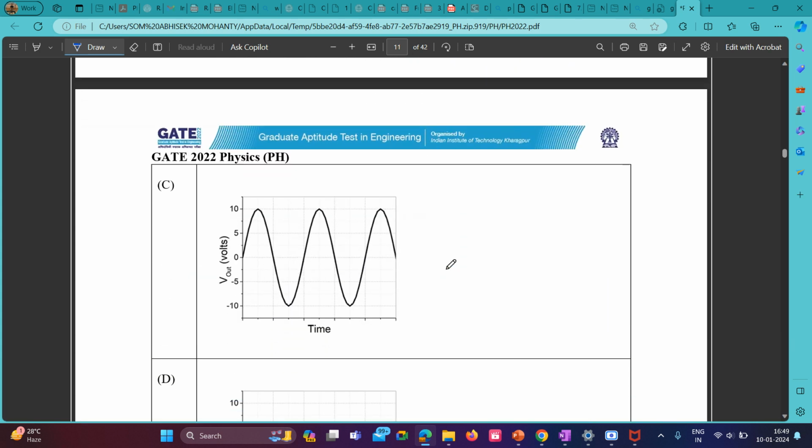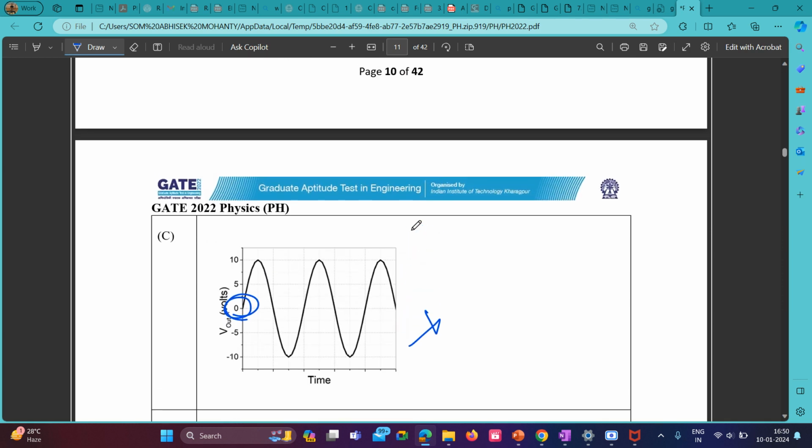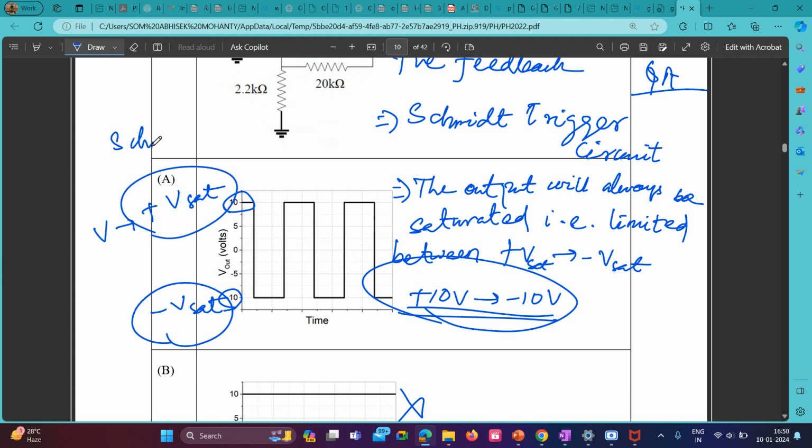Option C goes from 0, no, it's not possible. And this one is only 0, so this is not possible. So the answer is option A, where the voltage is between plus V saturation and minus V saturation, because this is a Schmitt trigger circuit.